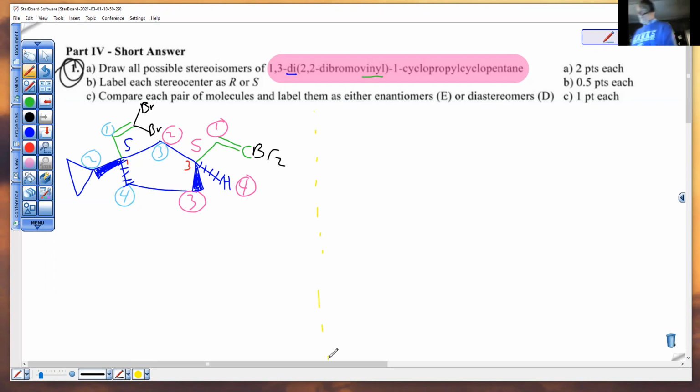There are 2 mirrors here. Looks like it goes CBr2 to C, double bond to C, to a ring. How's that ring looking? That wedge is just leaning a little towards the mirror. This goes away from the mirror. The dash is leaning a little away from the mirror. Goes up to a corner.